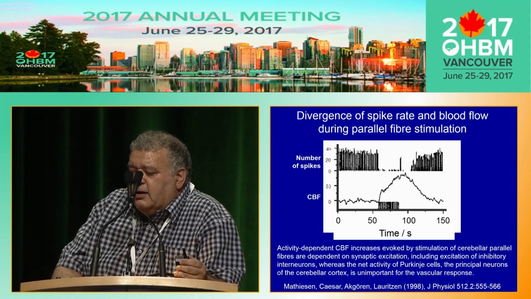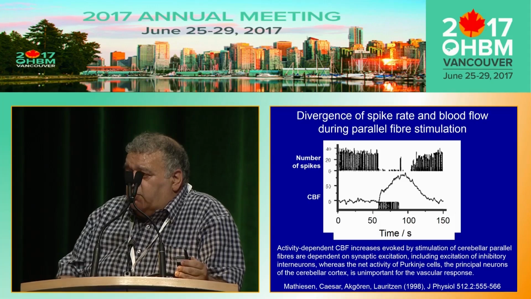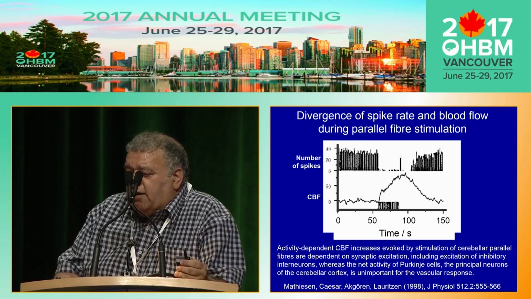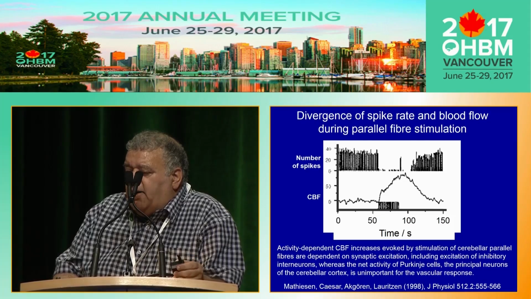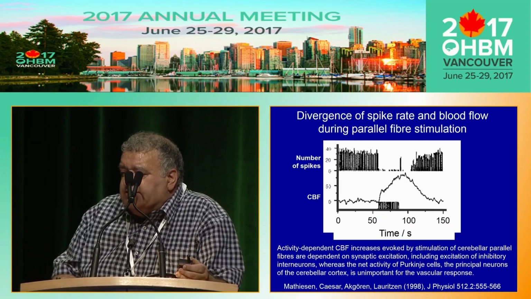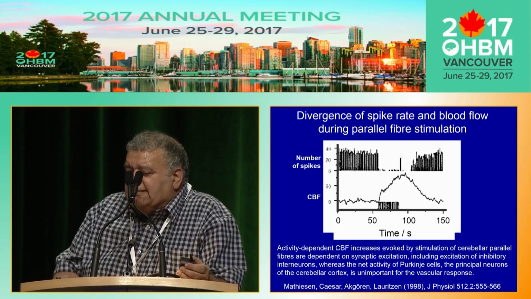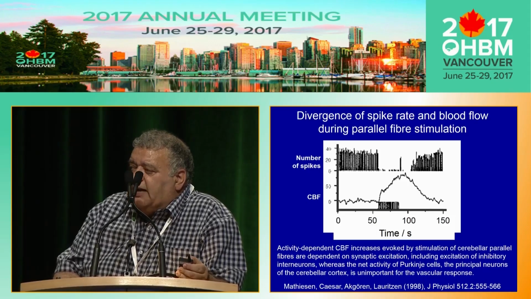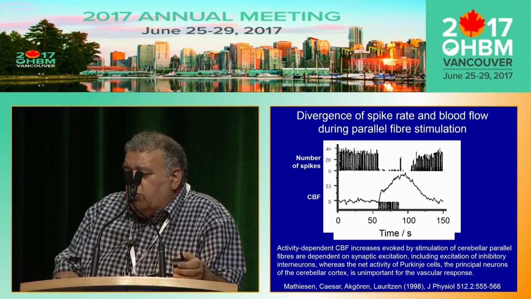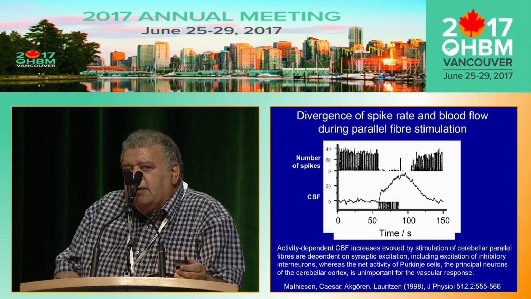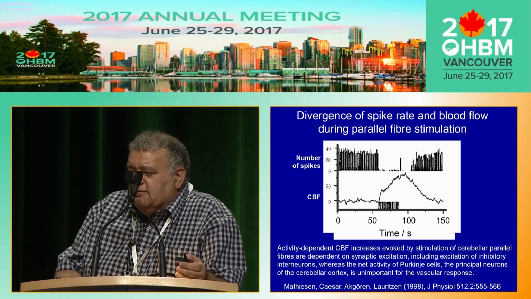And indeed, from the same classical paper from Lauritsen, we can see here at the bottom stimulation of the parallel fibers. That's where you see the blips at the bottom curve that causes increases in cerebellar blood flow, although in the top plot, the number of action potentials diminishes.